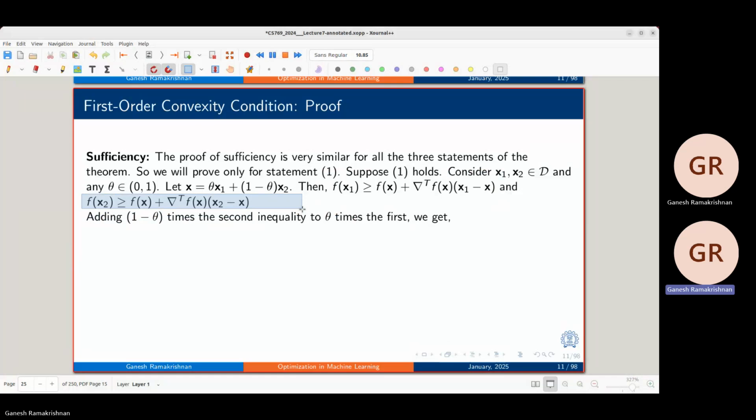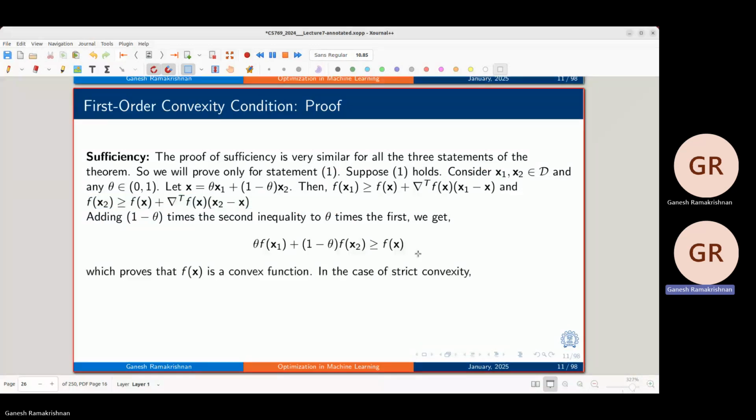That is the effect I have explained on the board. The effect will be what? You'll get theta f of x1 plus 1 minus theta f of x2 is greater than or equal to f of x. This part will get cancelled out across the two inequalities. Is that clear? There's no point repeating what is there on the slide on the board, right? So I'm just giving you the intuition on the board.